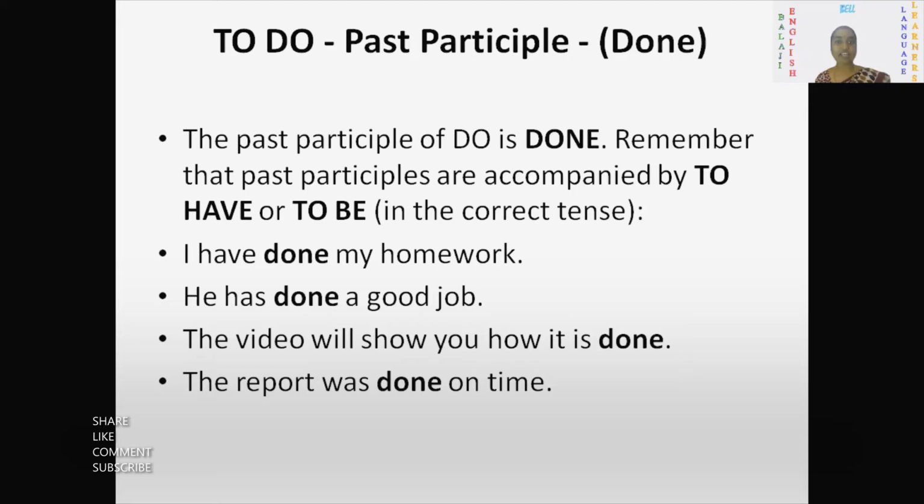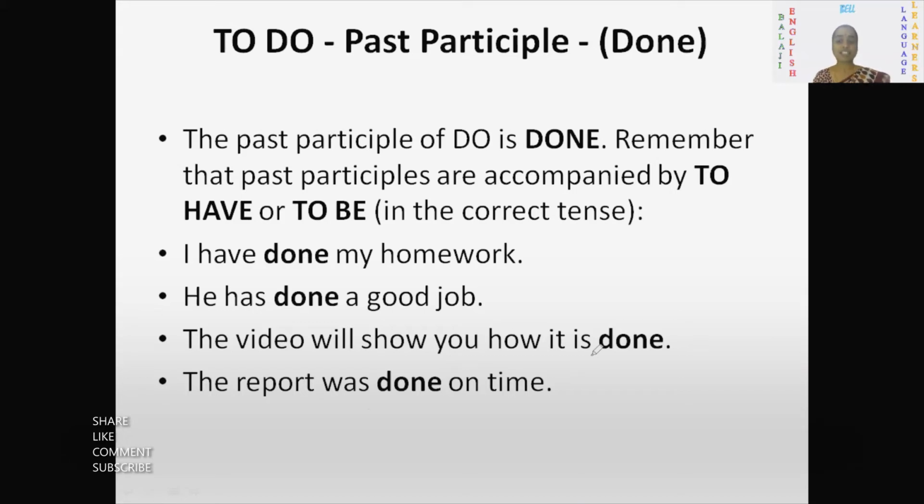When you use done, you will take the support of a few things, like have or has. Sometimes you use the be forms like will, was, is. That should be there to help the word done.